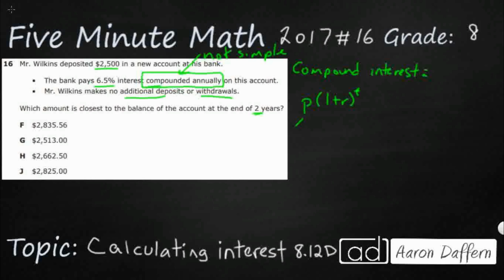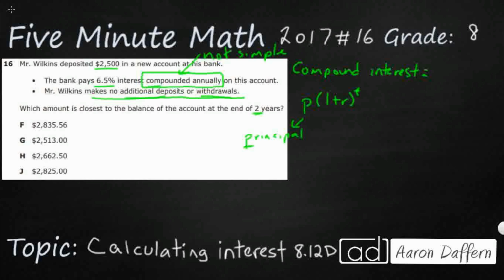Well, this P stands for the principal. So that's the initial amount that you are investing. If you add or subtract money to it, then that principal would change based on the amount that has the interest built on it. But it does say that we've got no additional deposits and withdrawals, so our principal does not change.